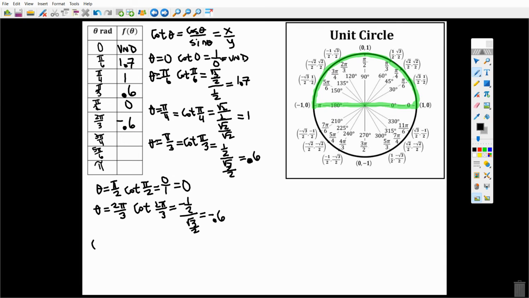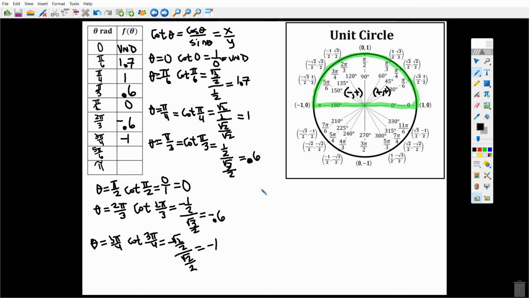At theta equal to 3 pi over 4, cotangent of 3 pi over 4 ends up being similar to this one, but notice that the x value is negative radical 2 over 2, and the y value is positive radical 2 over 2, because again, in the second quadrant, x is negative and y is positive, right? In the first quadrant, they're both positive, okay? And so we end up with, in this case, negative 1.